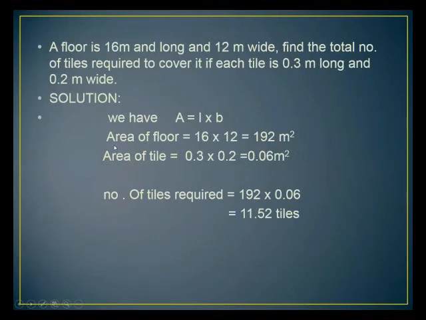Now if you look here, we have found the area of the floor and we have found the area of a tile. So 192 is the total area which we have to cover by the number of tiles. But we don't know how many tiles we require to cover that area, which is 192 square meter. So we have to divide that area of the floor by the area of a tile.